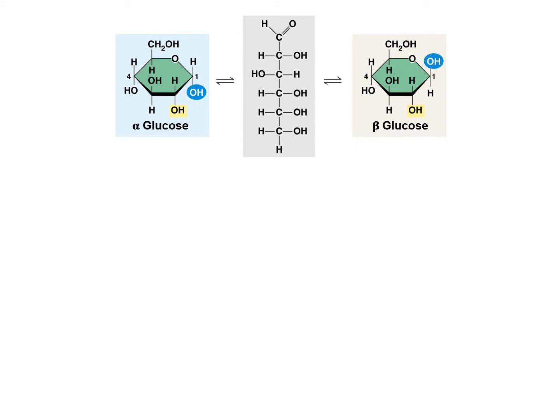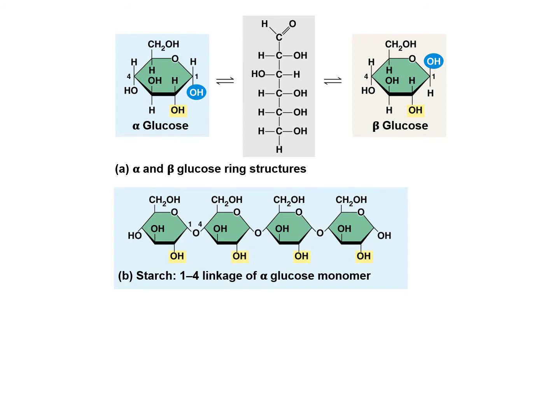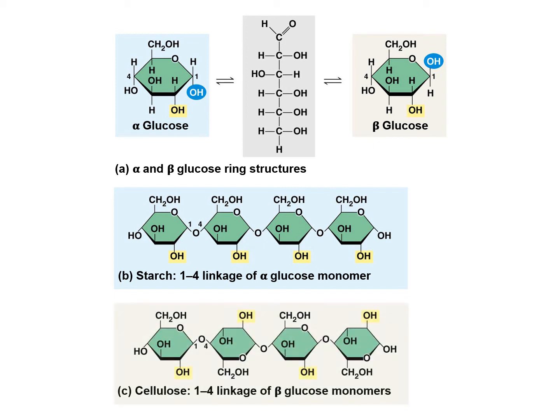With cellulose, you're using a combination of alphas and betas. Here's our glucose polymer. This is all alpha. That would be like glycogen. But with cellulose, instead of all of the hydroxyl groups being on the bottom, now they're flipped, alternating, and that allows for hydrogen bonding.